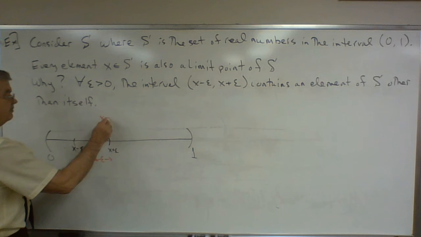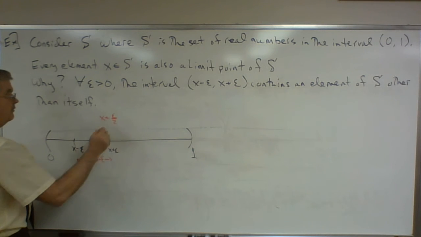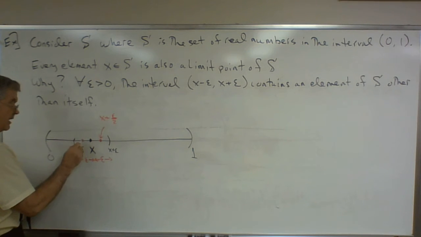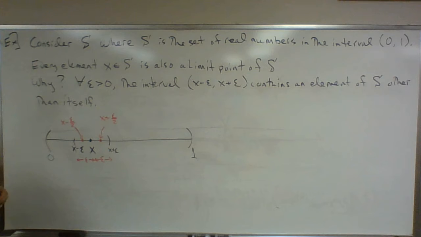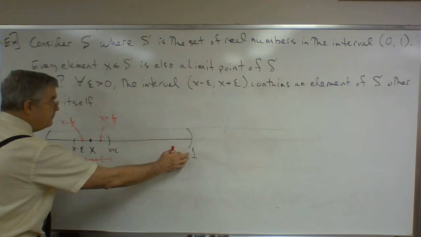For example, x plus epsilon over 2, and maybe this point right here, x minus epsilon over 2. Both of these points are in the interval x minus epsilon, x plus epsilon. And both of these points are in the interval from 0 to 1.